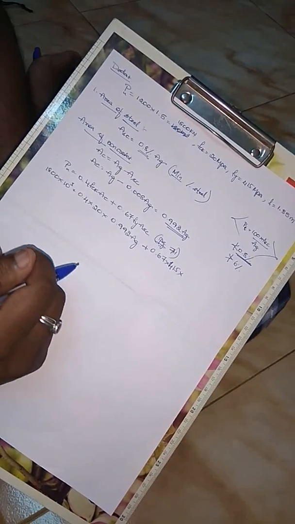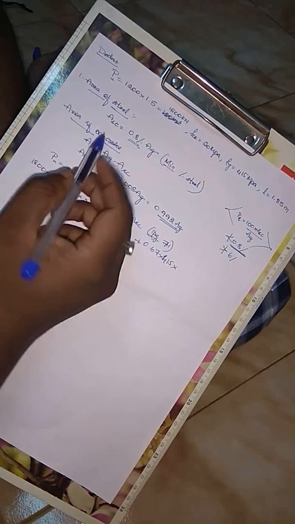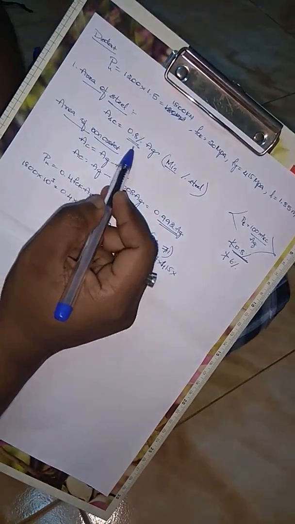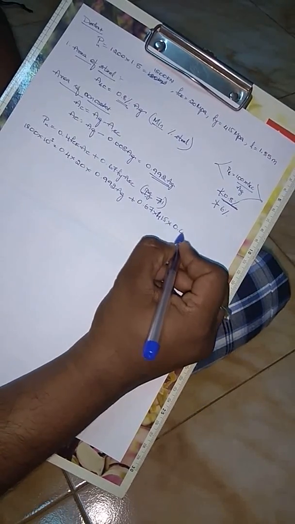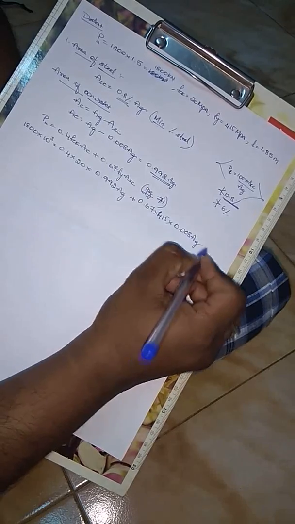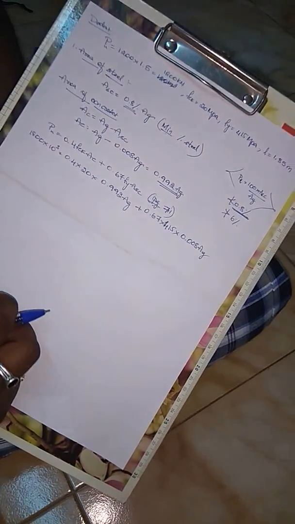Then ASC, that we have found out here in the first step, 0.8% AG. So 0.8% means 0.008 into AG. Okay, so we will solve it.